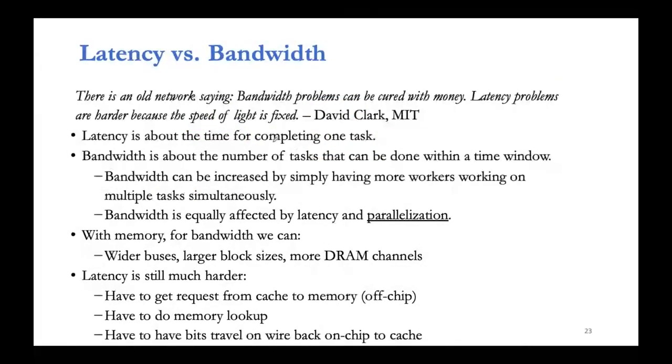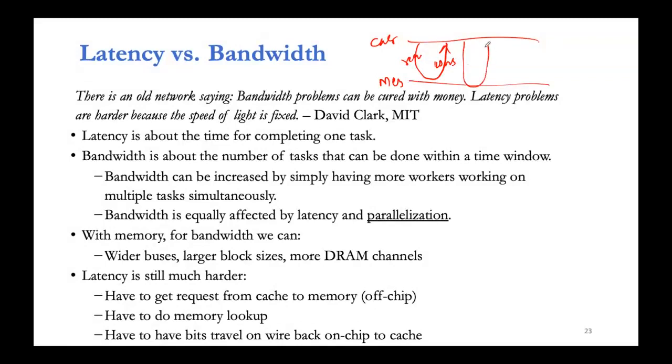But bandwidth is about, suppose I have a cache here and the memory is there. One request is given, that request is transferred and processed and goes back to the cache.